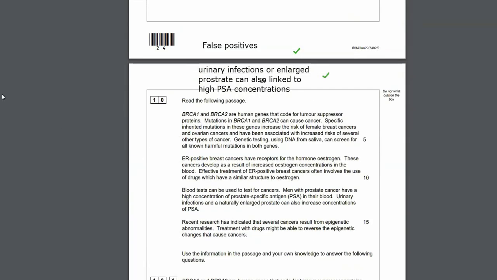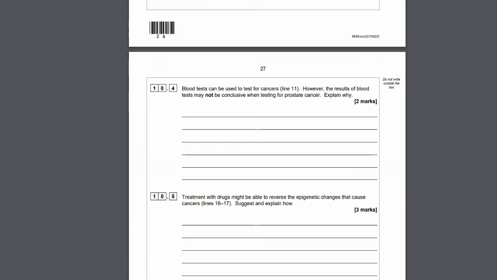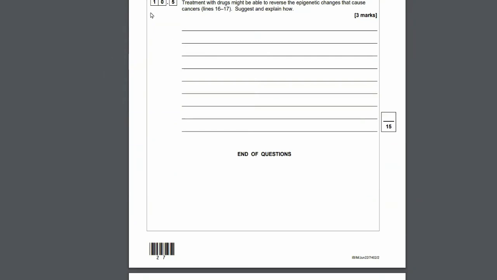So it might not be that the person is suffering from prostate cancer. It might just be that they have urinary infections or an enlarged prostate, which also increases the concentration of PSA and will give them a positive result on the prostate cancer test. So, yeah.